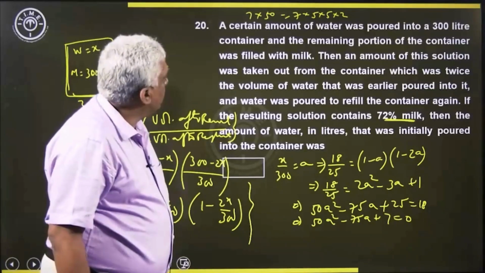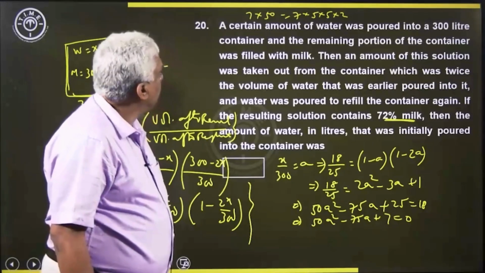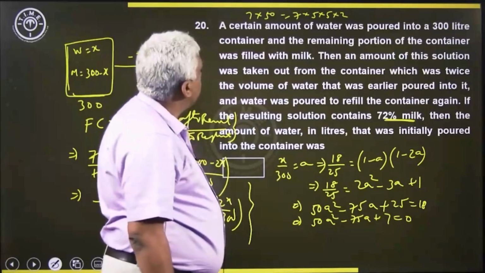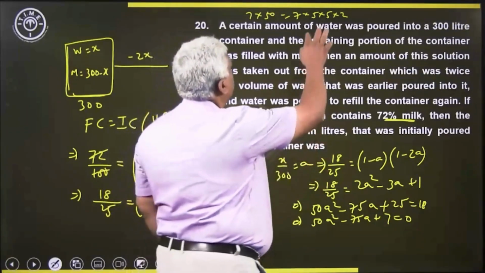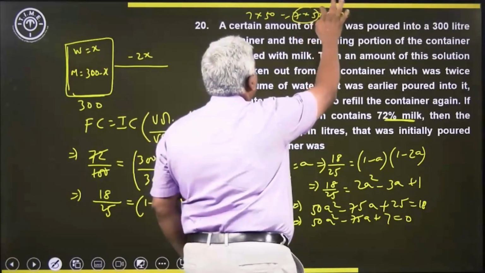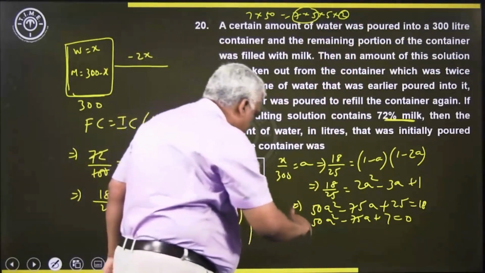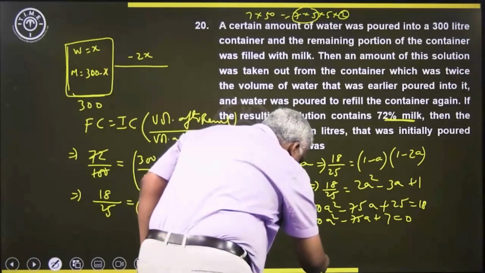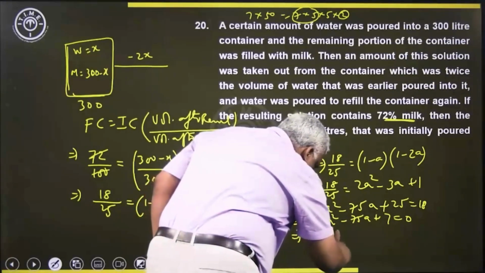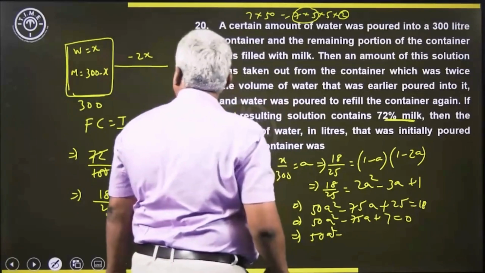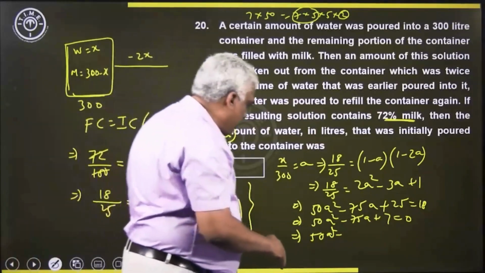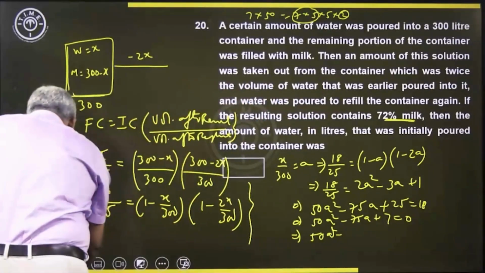So, we can have 7 into 5, 35 into 2, 70 and 5.